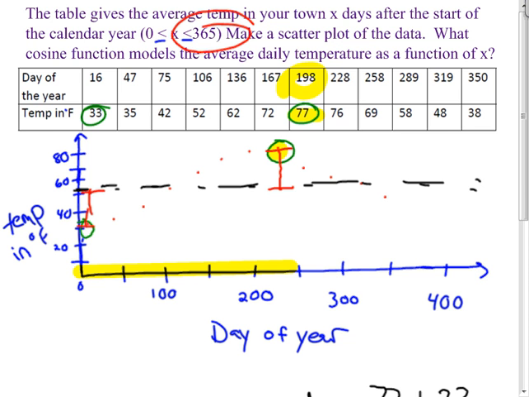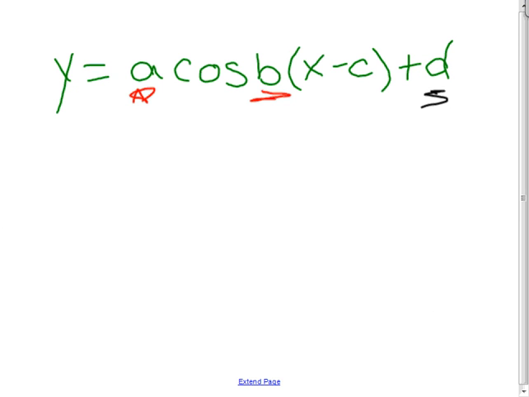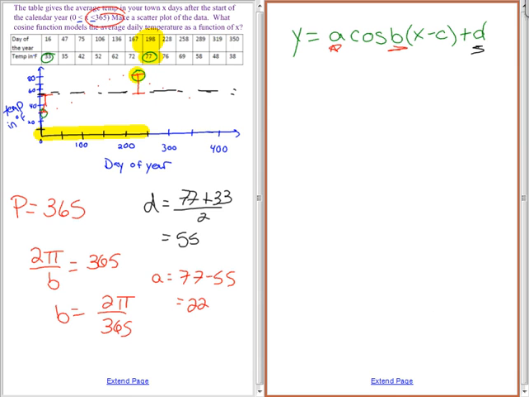So to write my cosine equation, I have to shift over 198 days. Again, because it's cosine. So I have A, I have B, I now have C, and I had D. So now I can write my equation. So y equals my A value, which is 22, times the cosine of my B value, which is 2 pi over 365.